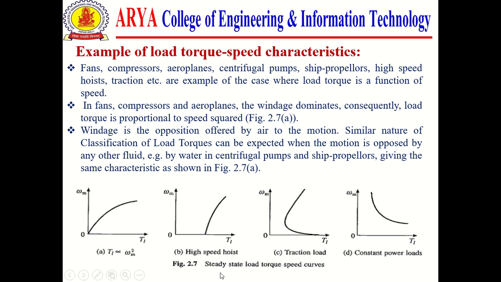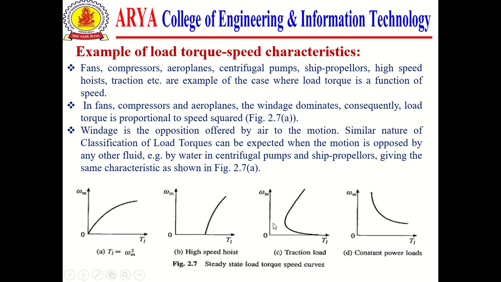In the case of a high-speed hoist, at speed zero the load torque is high. As the speed increases, there is only some change in the value of load torque. So this is the high speed hoist application of the speed-torque characteristic.